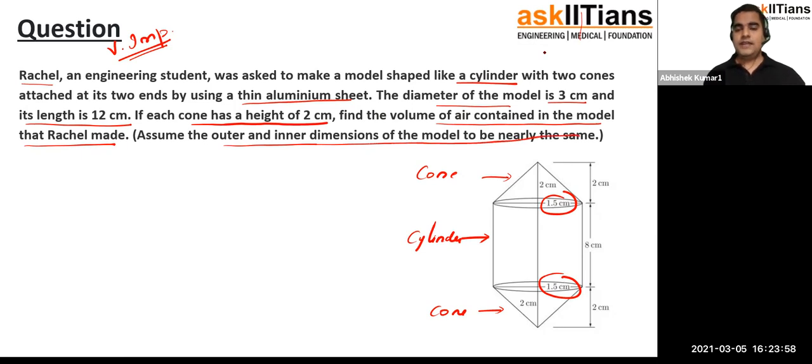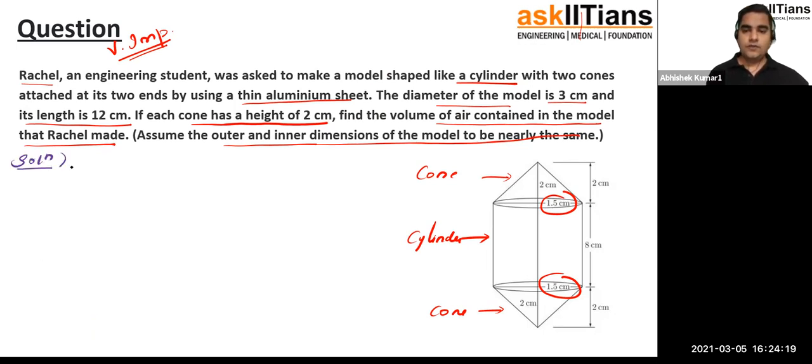All right. So indirectly, what they are asking you is, please tell us what will be the volume of this model that Rachel has prepared. Now this model is actually a combination of different figures, right? So check out.